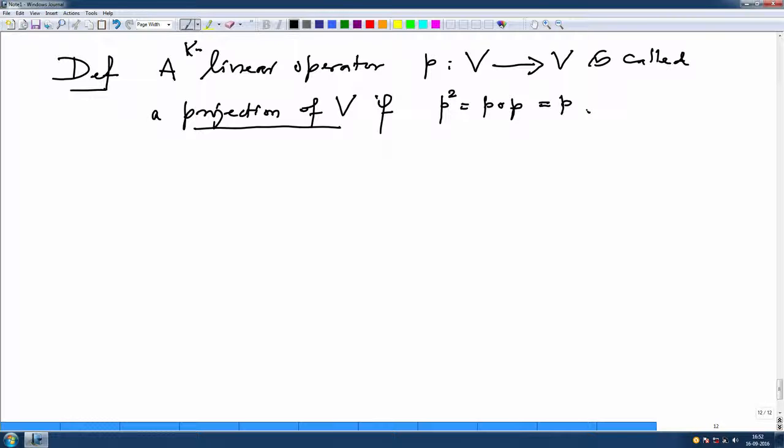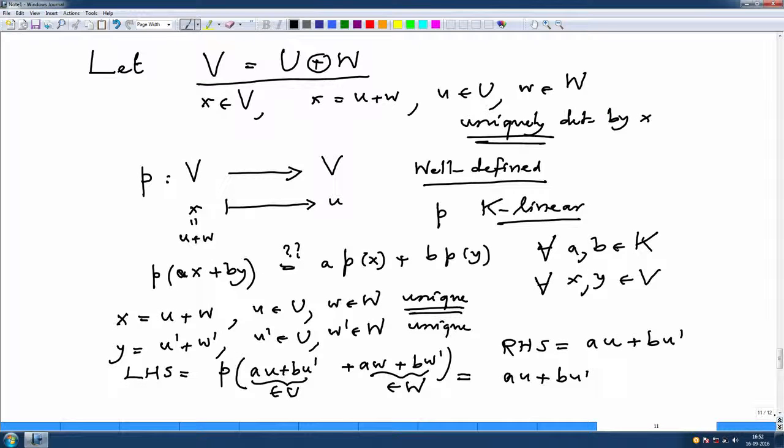In the earlier map, I just forgot to check this. Please note that if I compose P with P, P compose P is P. Let us check this orally in this example, because I have to check that for every x both the sides are evaluated equal.